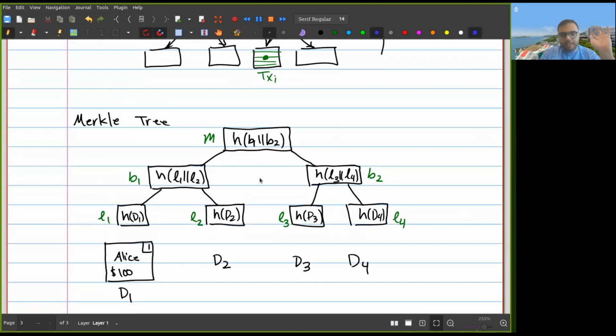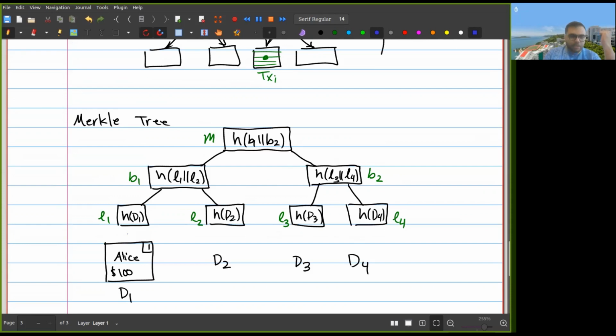It's just a sequence of hashes. At the bottom level, I put the hash of all of my actual deposits: hash of deposit 1, hash of deposit 2, and so on. Now, I'm taking these two elements, the first hash and the second hash.